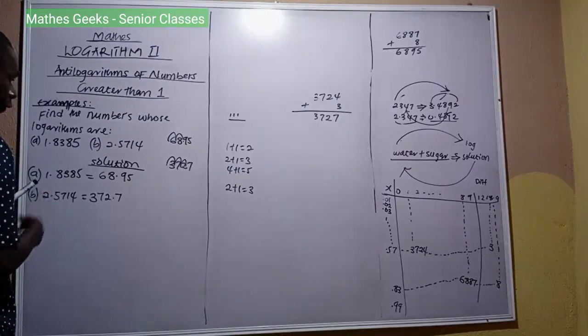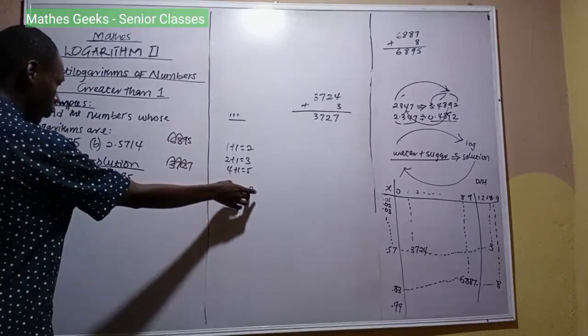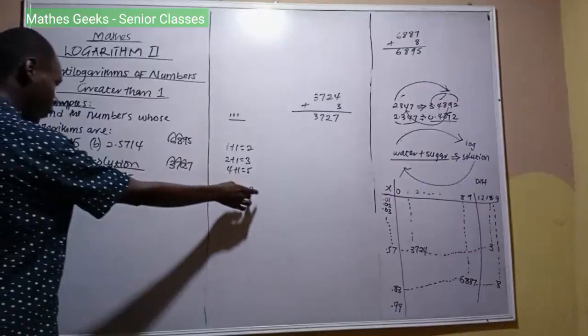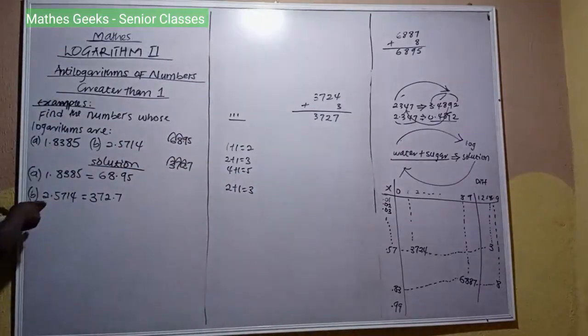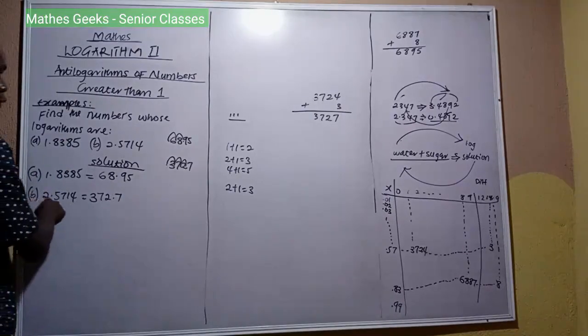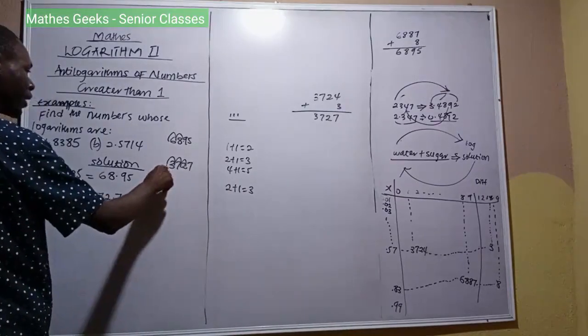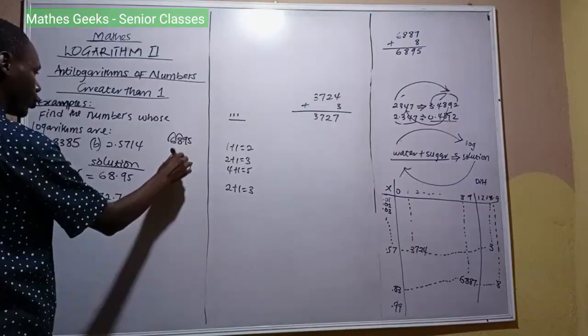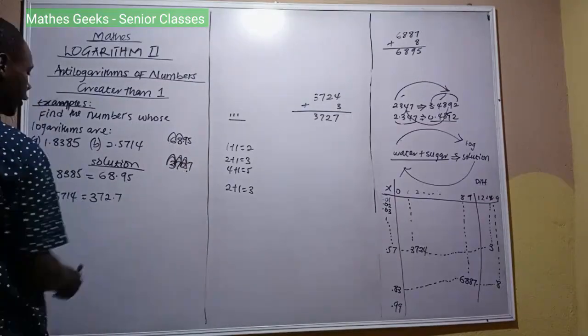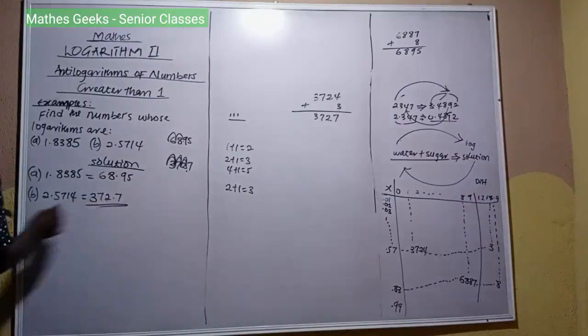So move it forward according to the value you get by adding 1 to the characteristic, or the integer in your logarithm value, which is 2 here. So 2 plus 1 is 3. Move it from behind 3 places forward. When you do that, it's going to be 1, 2, 3. You leave it here. So that's how we got this answer.